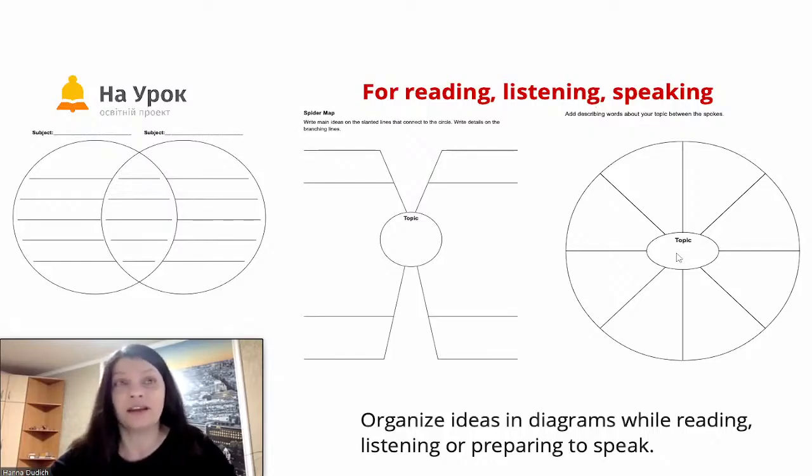You can put down the question words there: who, what, where, when, and the children will have to either find this information in the text that they are reading, or listen to and try to hear this information in the text that they are listening to. So it's up to you to decide how you are going to use these diagrams while practicing reading, listening, and speaking.